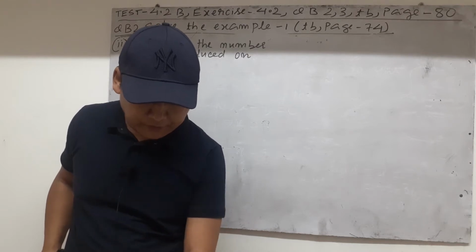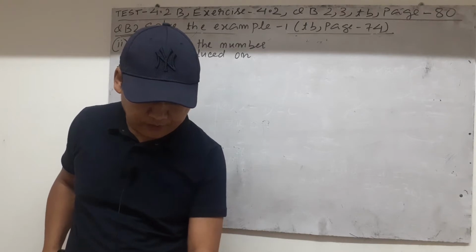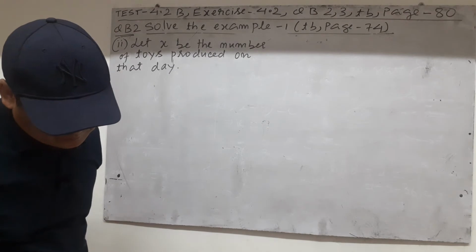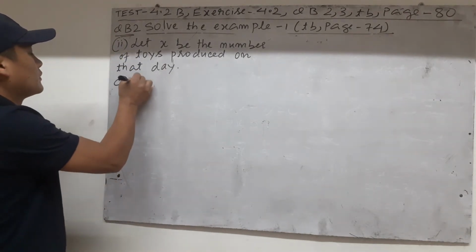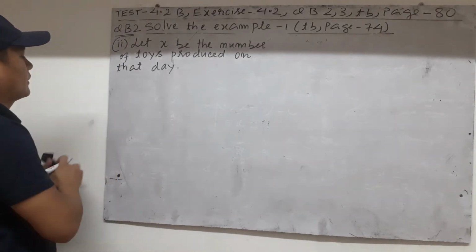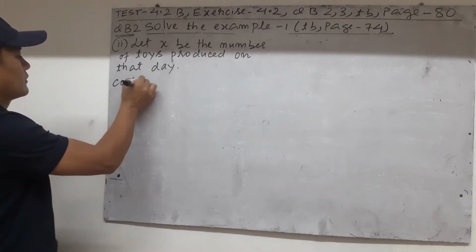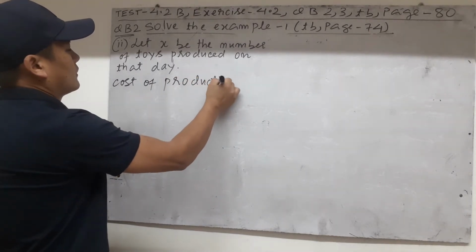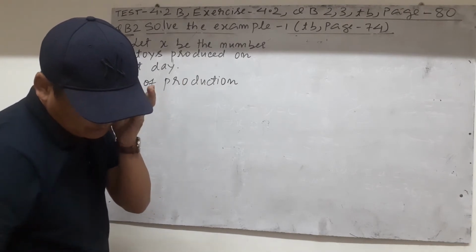Second sentence. The cost of production of each toy in rupees was found to be 55 minus the number of toys. So cost of production of each toy, according to the question.